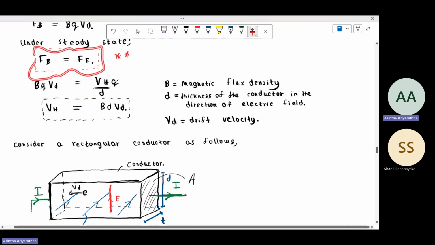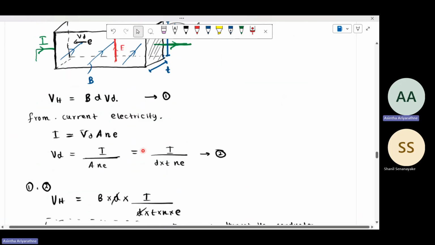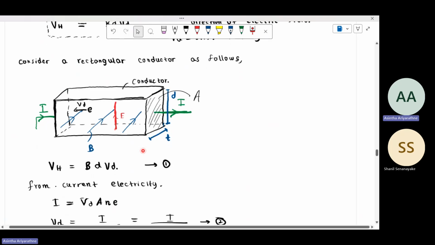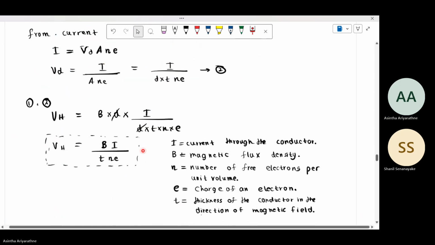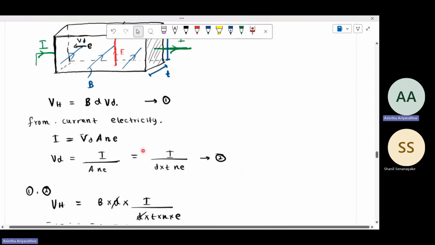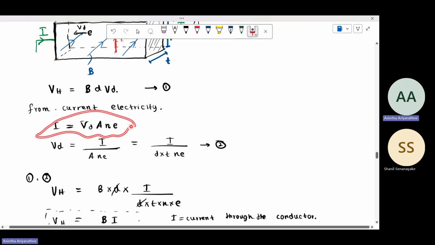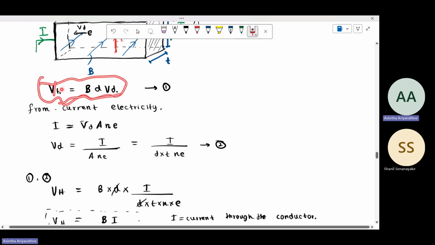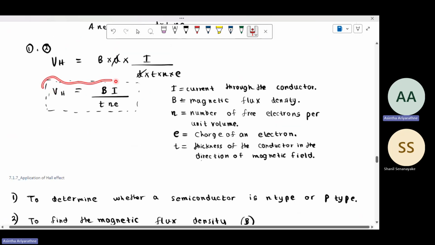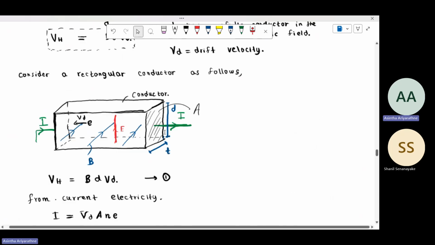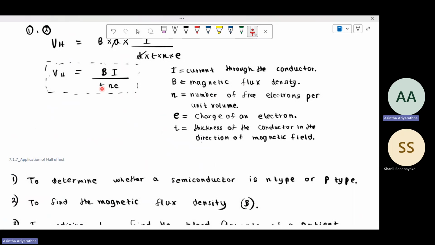Consider a rectangular shape conductor, and using the equation of drift velocity, I = nAvd e, from the current electricity part, and this newly found expression for Hall voltage, we were able to derive another equation for Hall voltage using the current: V = BI over tne.